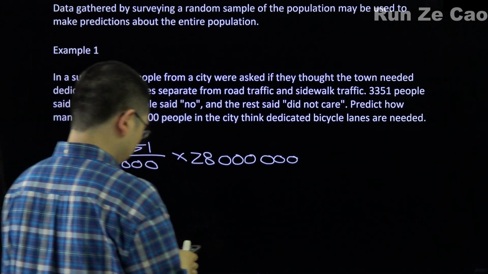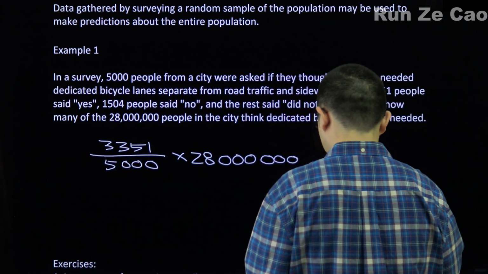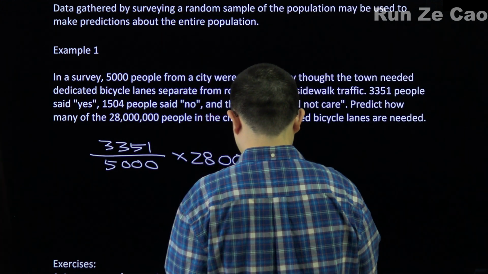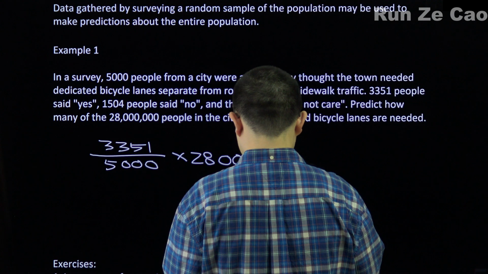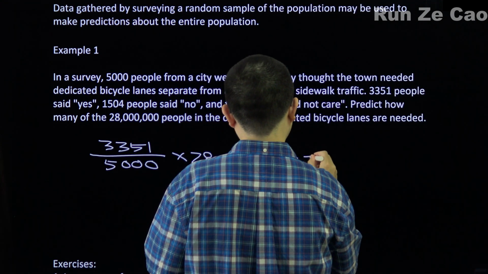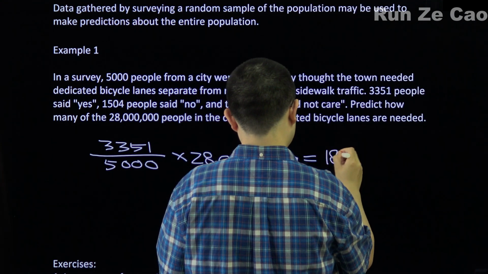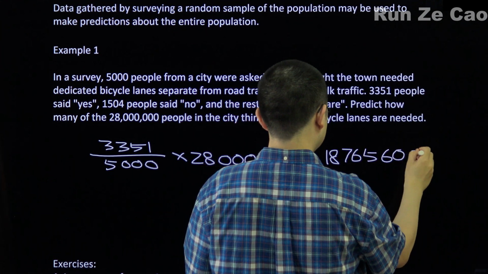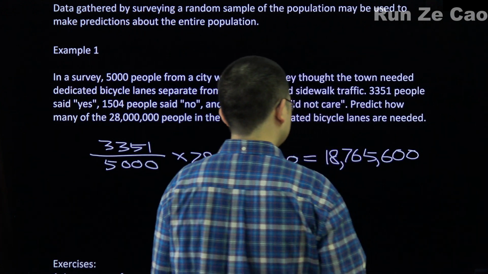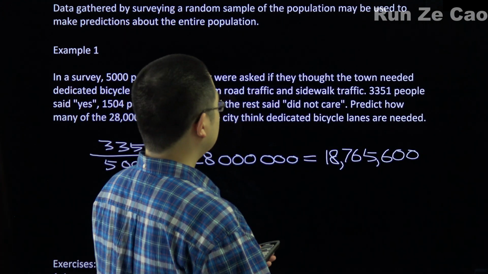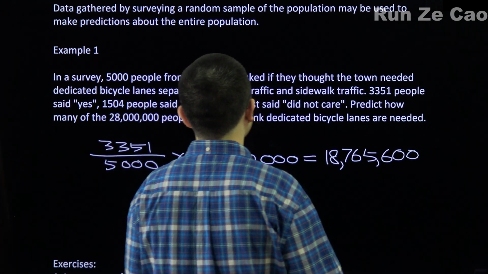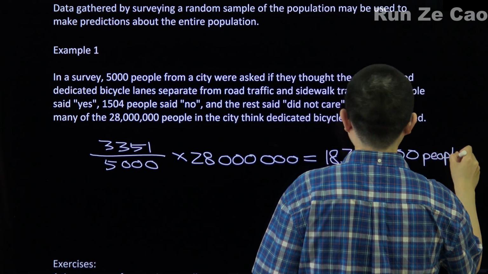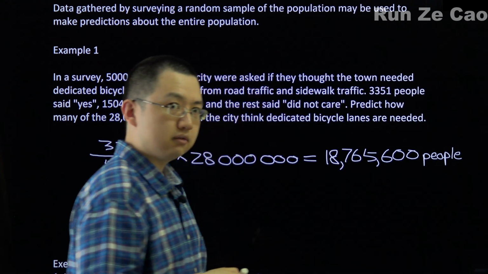So 3,351 divided by 5,000 times 28 million. You end up with 18,765,600. 18,765,600 people who think that dedicated bicycle lanes are needed.